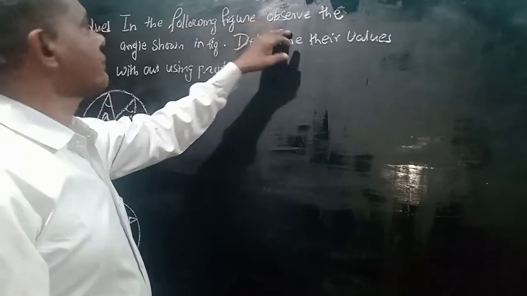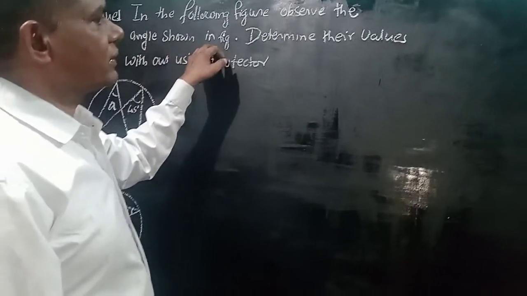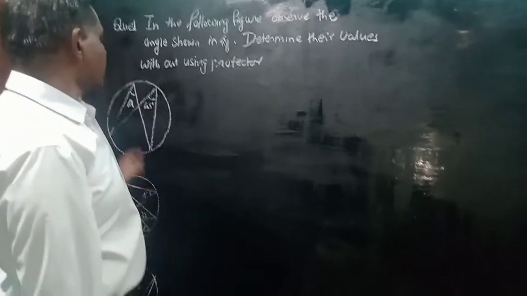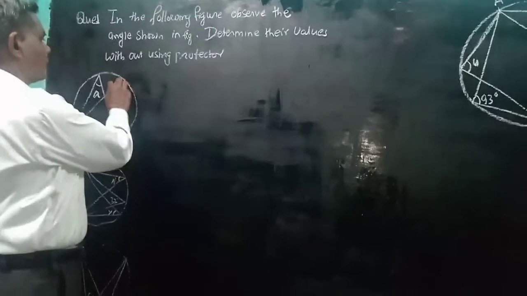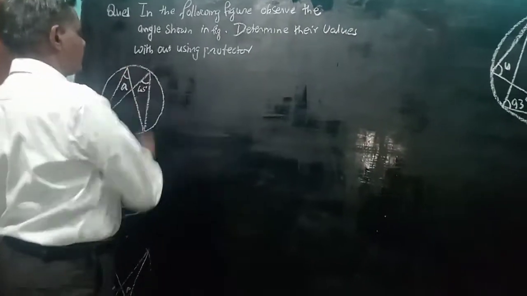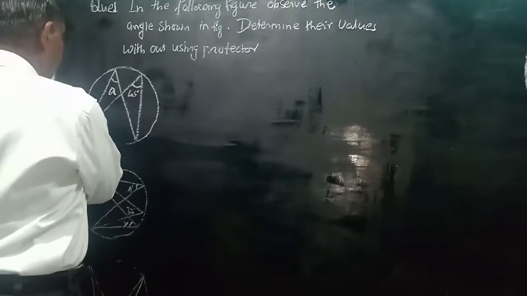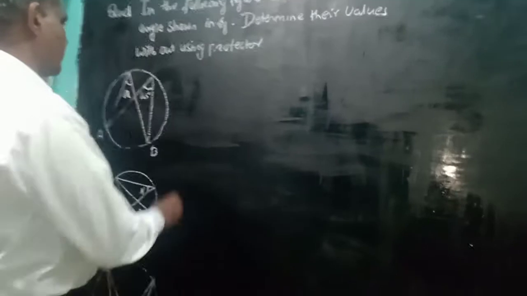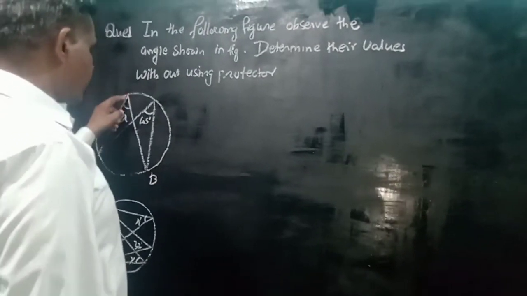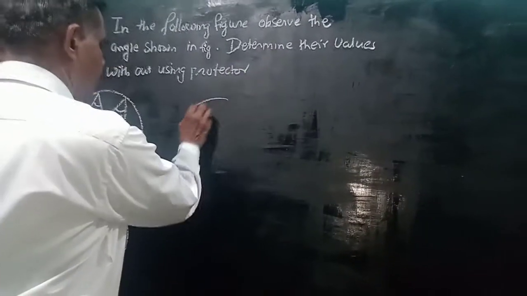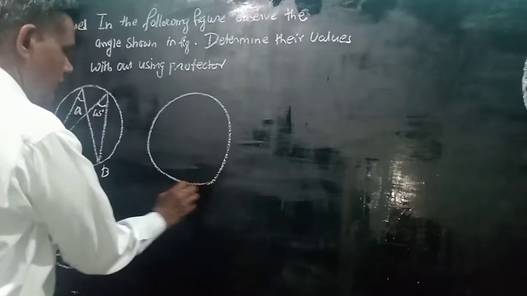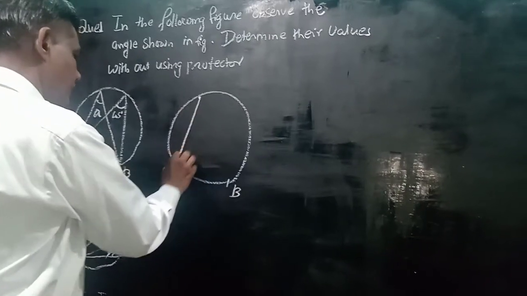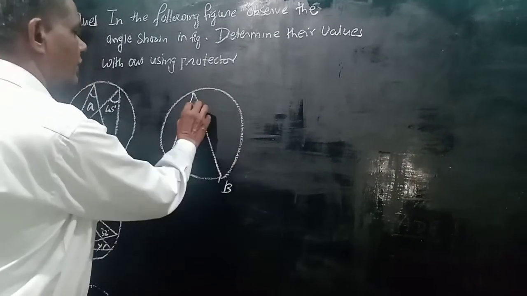In the figure, observe the angles as shown. Determine their values without using a protractor. This circle is given. This angle is equal to 45 degrees and this angle is equal to A. Consider points A and B on the arc of the circle. So we get arc AXB.